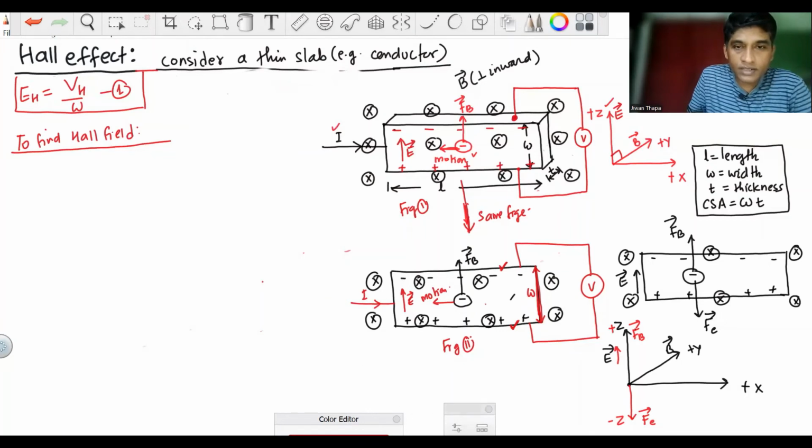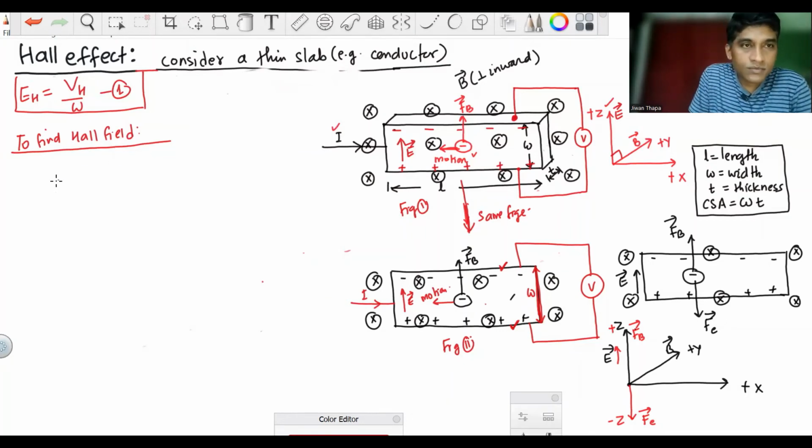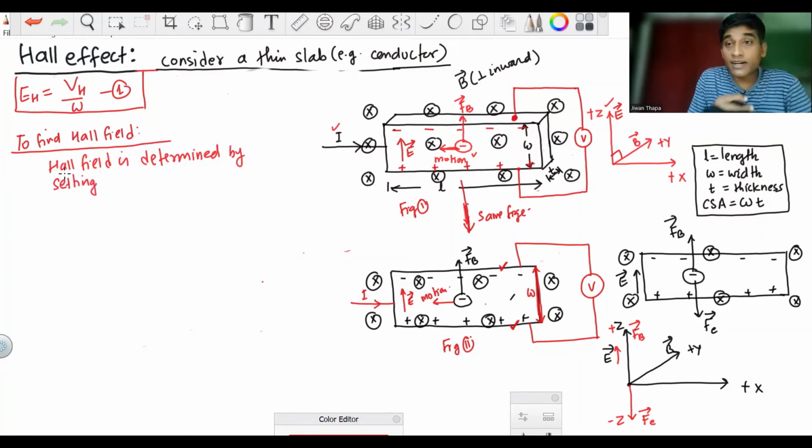now in order to find Hall field, it is determined by setting, we need to get a condition at which electric force is equal to magnetic force in magnitude, and they are acting in opposite direction.